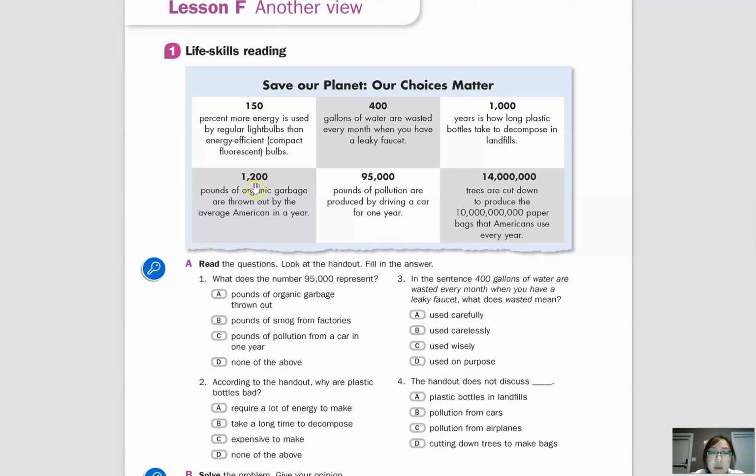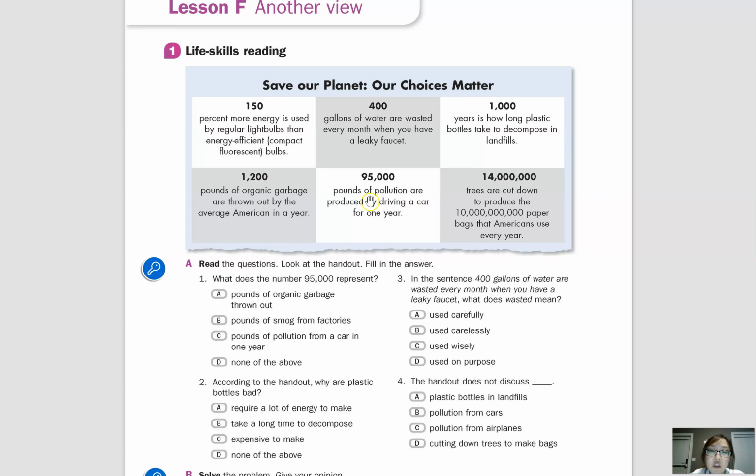But here, it's a different use of the word organic. It just means food items, not plastic, not paper, but like vegetables. That's what it's talking about. Or meat, vegetables, fruit. Those are organic products.